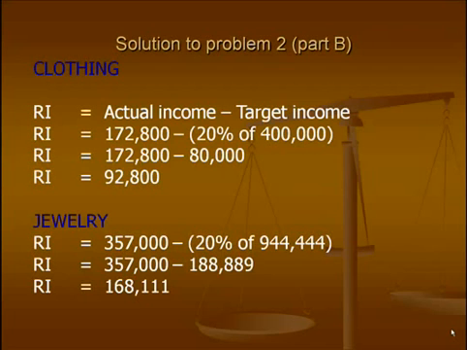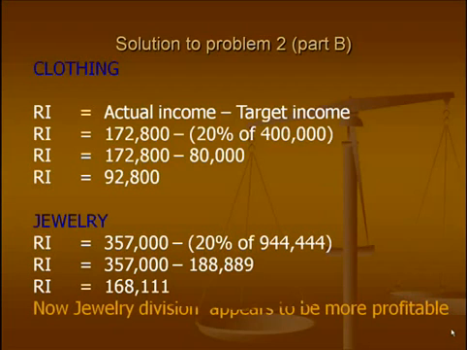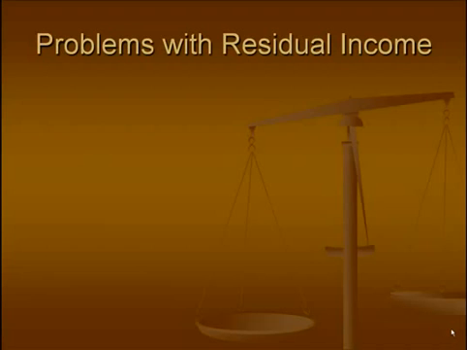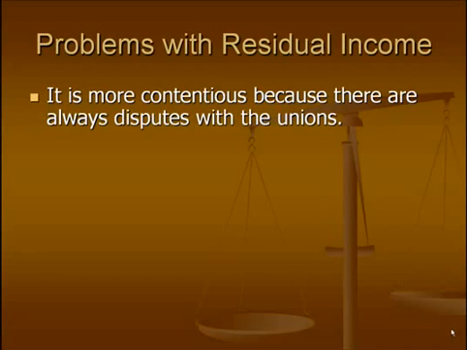Before that, let's first talk about the problems of residual income. This is the problem. Jewelry division appears to be more profitable. Do you buy that? If you do, let me take you a step back and let me talk about the problems of residual income. One, it's more contentious because there are always disputes between managers and the union.